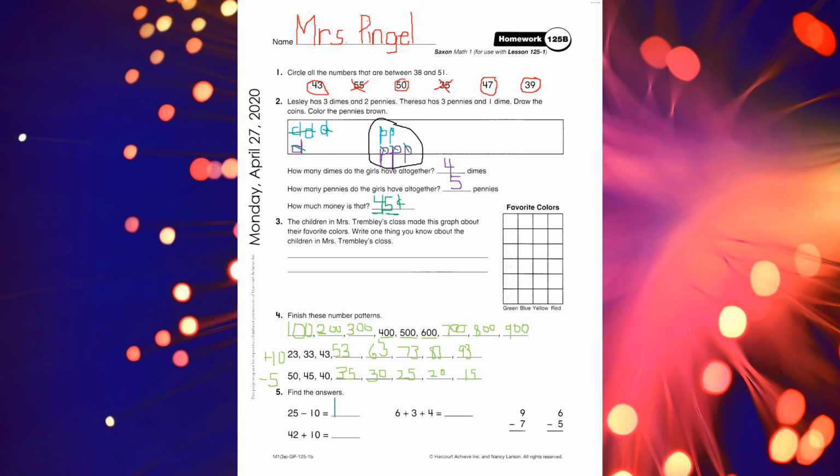Remember, the groups of 10 get smaller, so it goes from 25 down to 15. 42 plus 10 means that this group of 10 and 42 needs to increase by one group of 10. So 42 plus 10 equals 52.